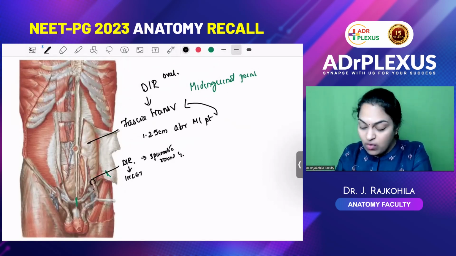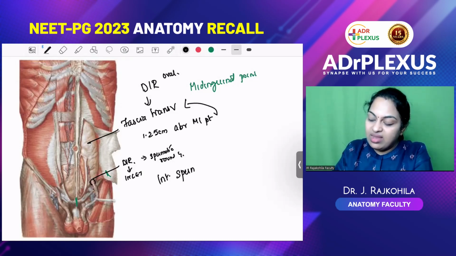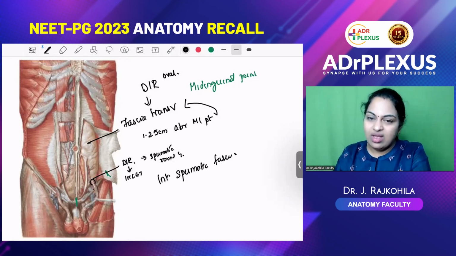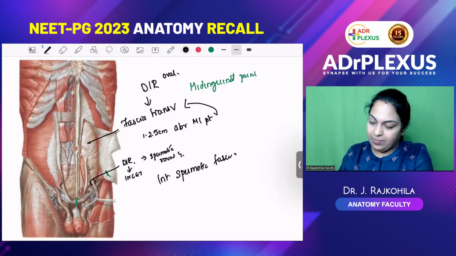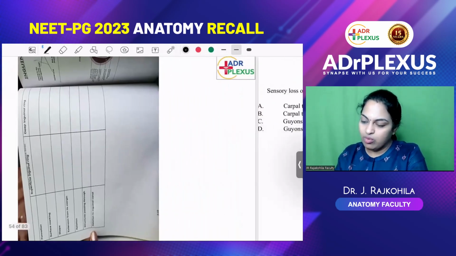And from the margins of the deep inguinal ring, you get the internal spermatic fascia that covers the spermatic cord. All these are important MCQs, okay? So all these you should know in relation to the deep inguinal ring, right? Hope it has been taught in the classes.